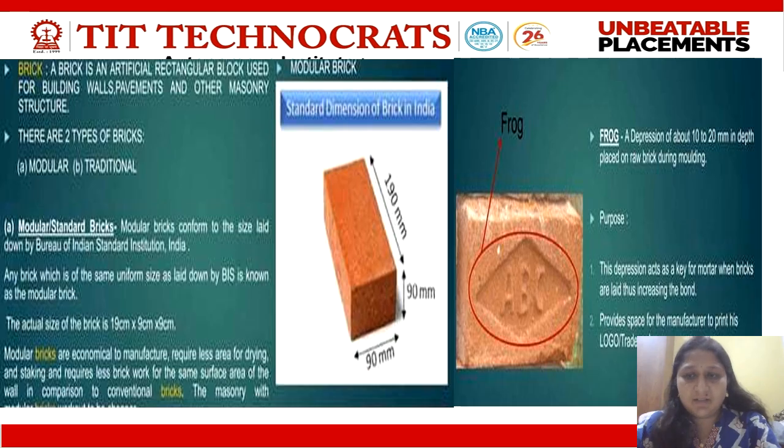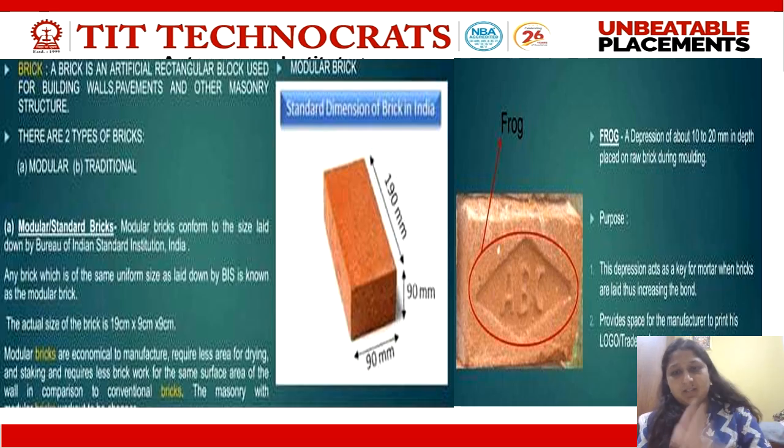A frog is nothing but a depression or a mark made on the brick. Basically there are two purposes of providing a frog. The first is to provide a key or a place where the mortar can be filled to create a bond, to create joints. When we construct a wall, two bricks are stuck to each other.